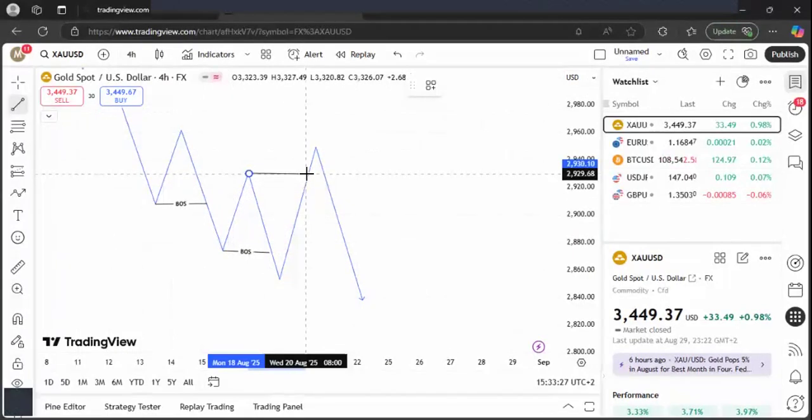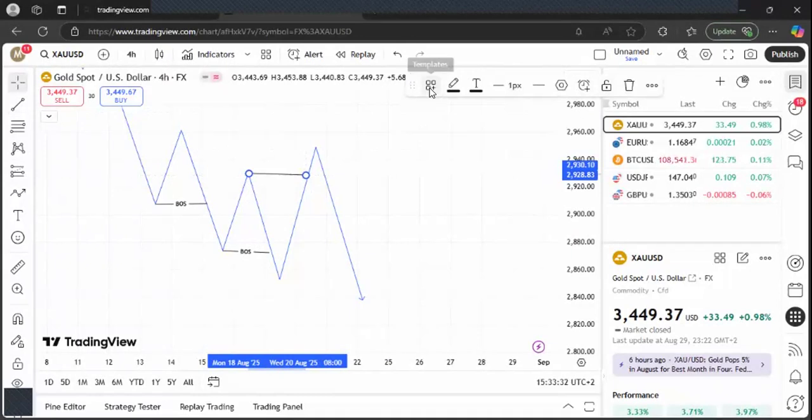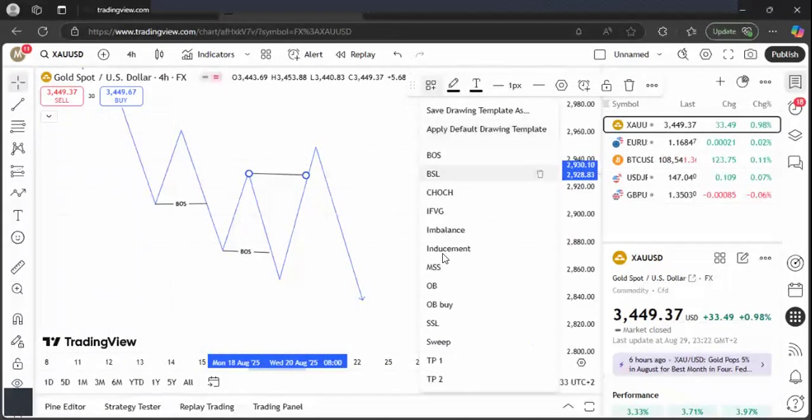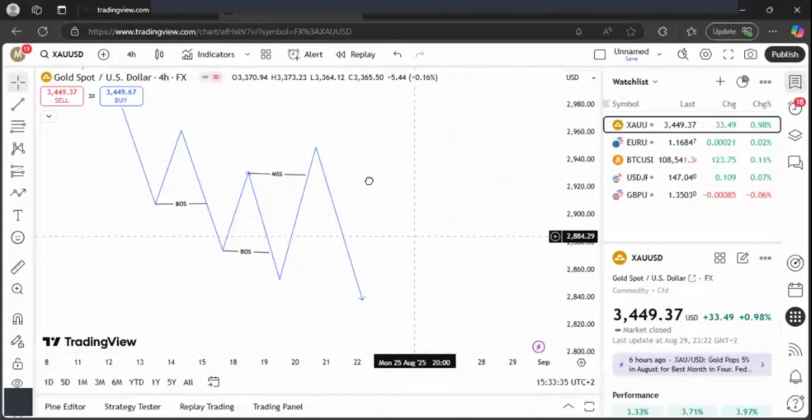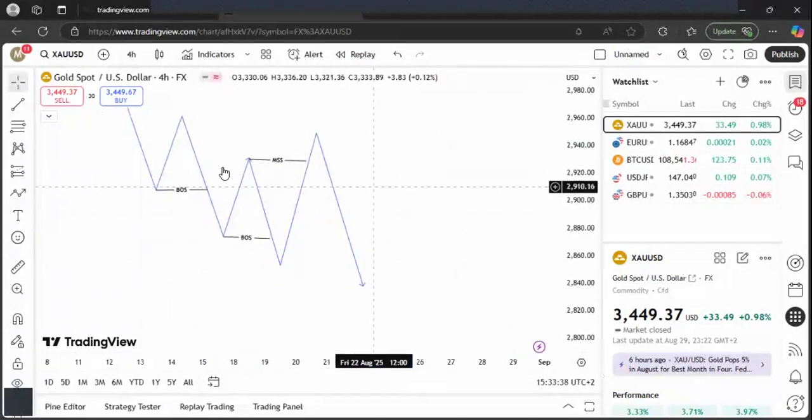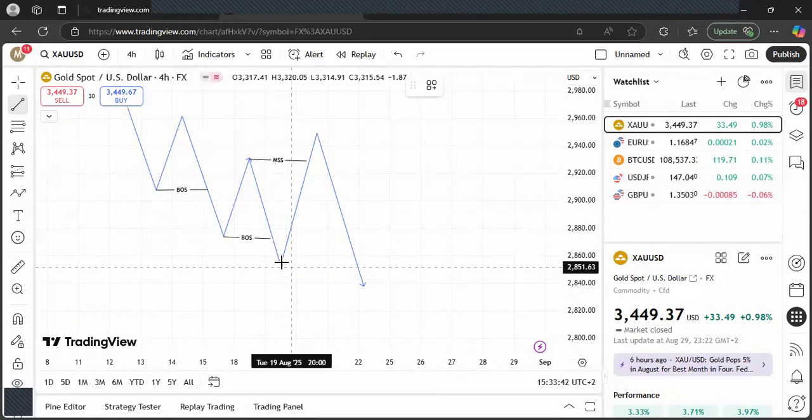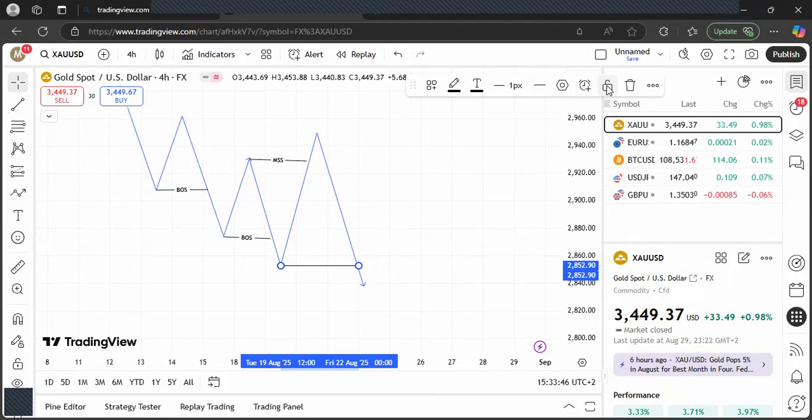Let's change our structure. This is similar to our entry on Friday, the entry that we caught yesterday. This is a similar structure to that entry. So my theory at first was that this was another change of character.